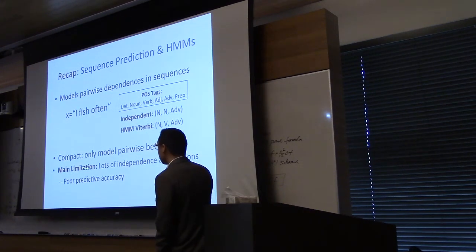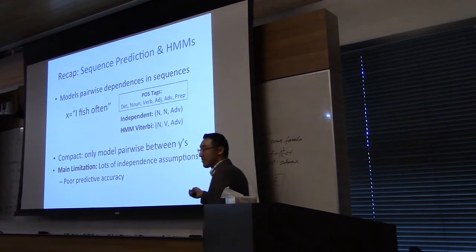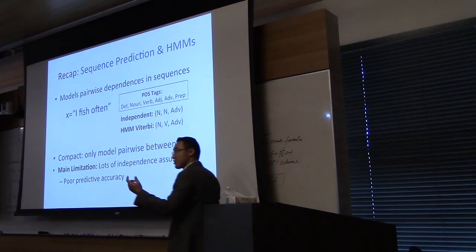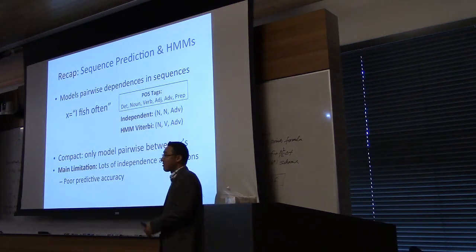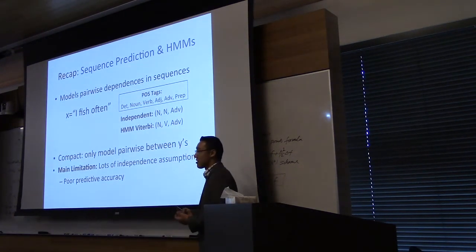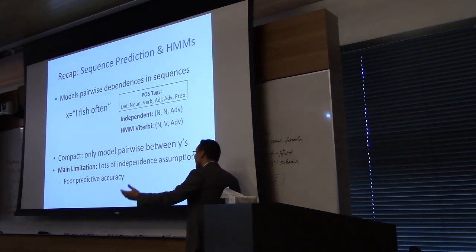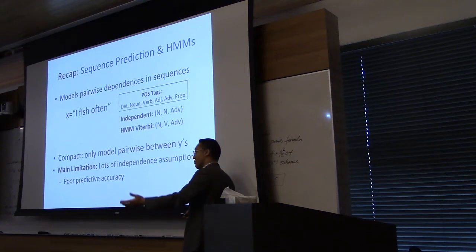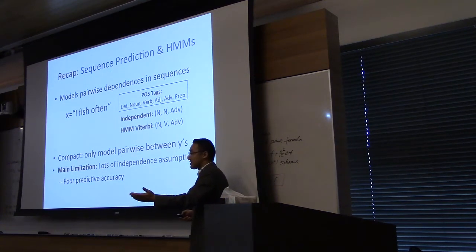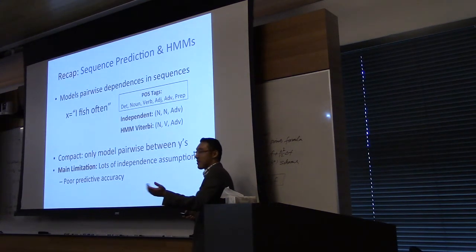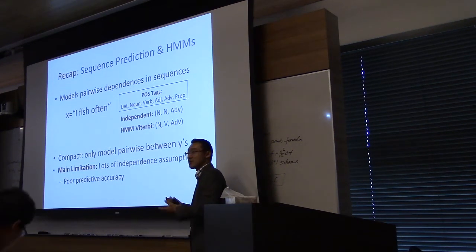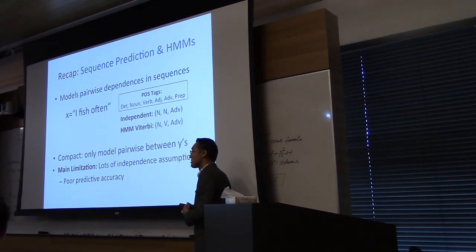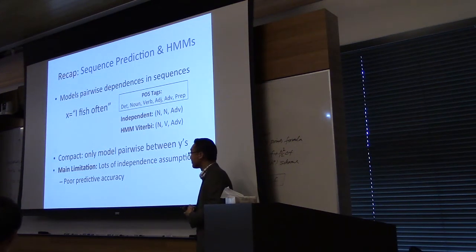The main limitation is, of course, it's still making a lot of independence assumptions, right? Just because you're modeling pairwise dependencies doesn't mean you're modeling everything there is in language, right? There are many times when you're speaking and you're generating sentences, and the way you're thinking about generating sentences are much richer than just pairwise dependencies. That's the main limitation. Of course, any model has limitations, and you have to make these limitations in order for the model to be tractable.